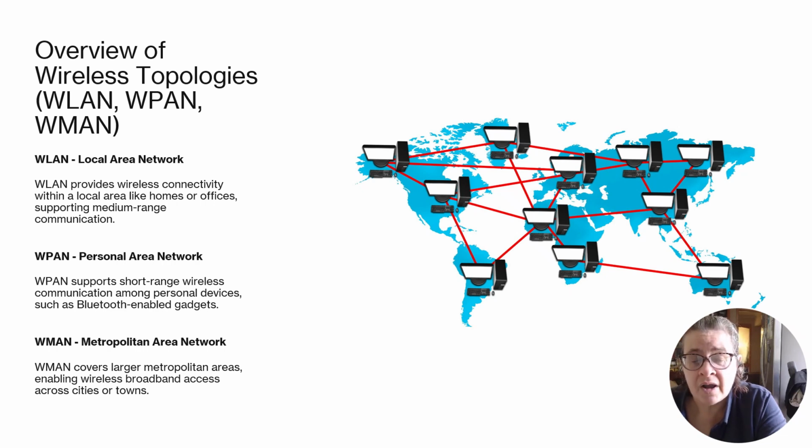These are all different types of area networks you can have. Local area network would be like a home or office, personal area would be personal use, and metropolitan is over a big area, like a city or town, okay?